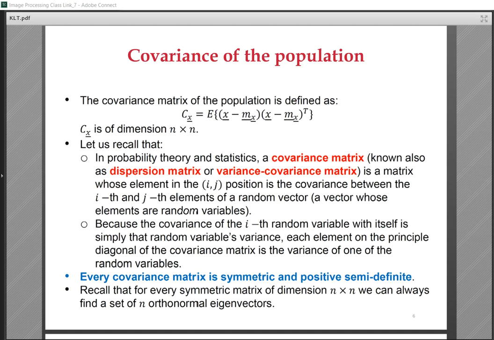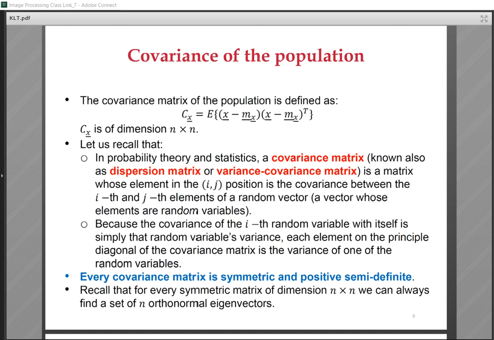Other items, okay, what is the principal diagonal? 1,1, 2,2, 3,3, etc. These are the components on the principal diagonal.